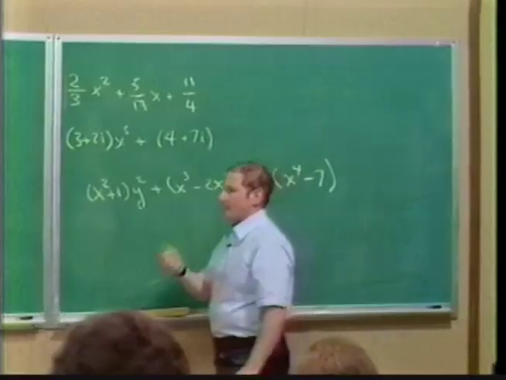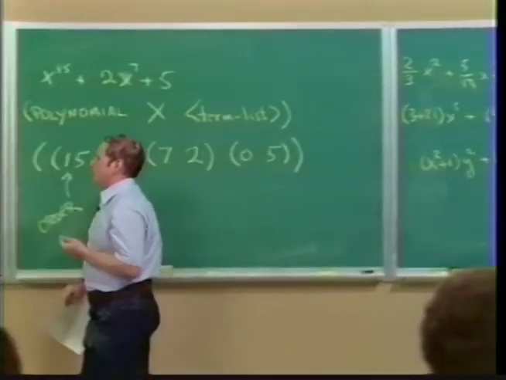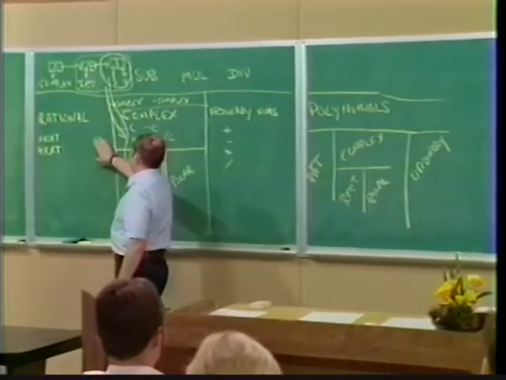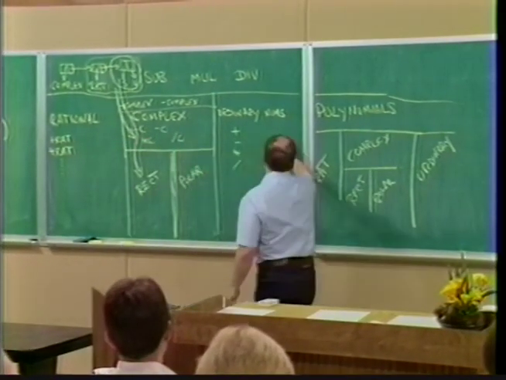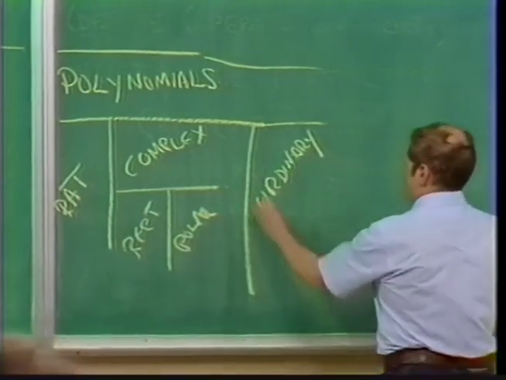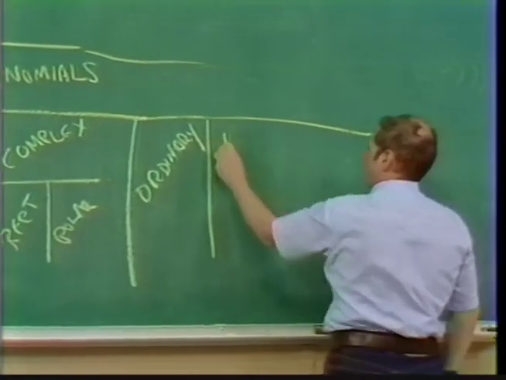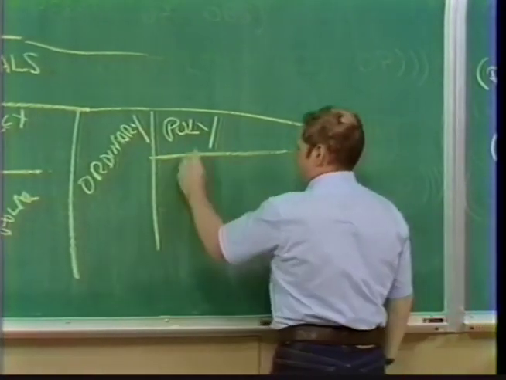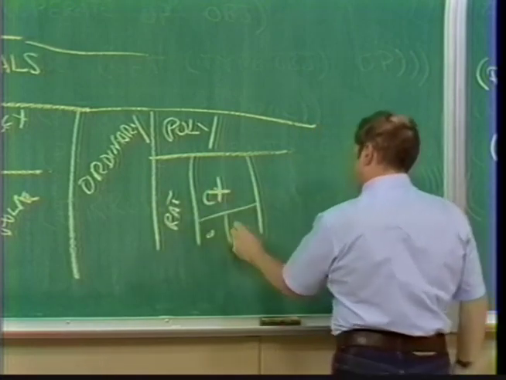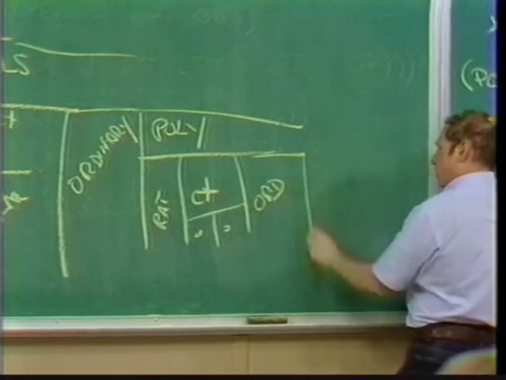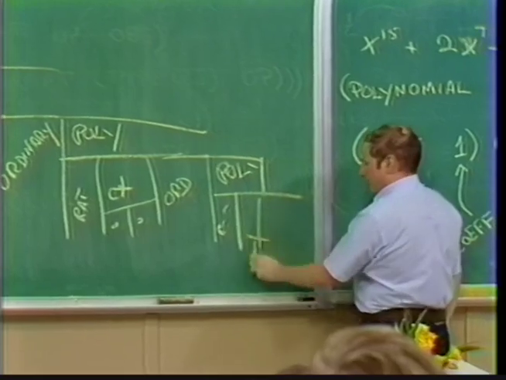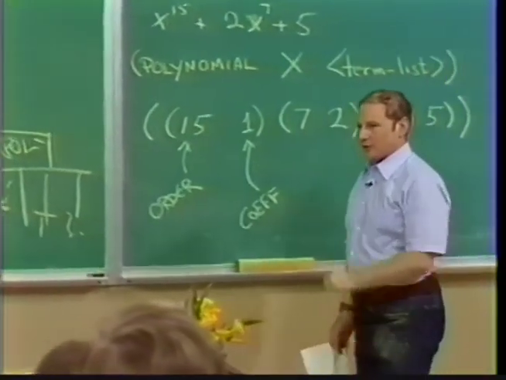Right? So you see, simply by saying polynomials are themselves things that can be added, we can go off and say, well, not only can we deal with rationals or complex or ordinary numbers, but we can deal with polynomials whose coefficients are rationals or complex or ordinary numbers, or polynomials whose coefficients are rationals or complex, rectangular, polar, or ordinary numbers, and so on and so on.